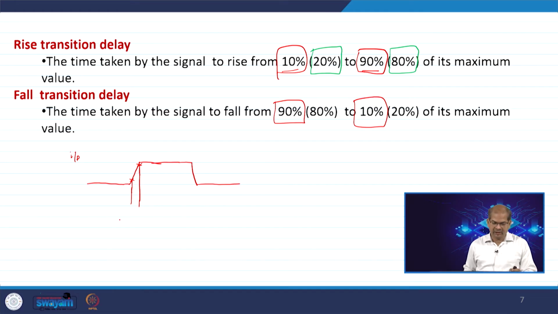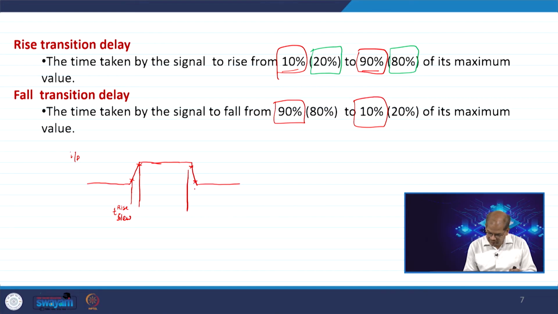This is called rise transition, and you can write it as slew rise.